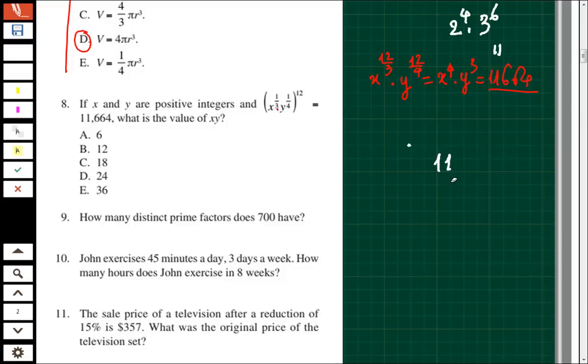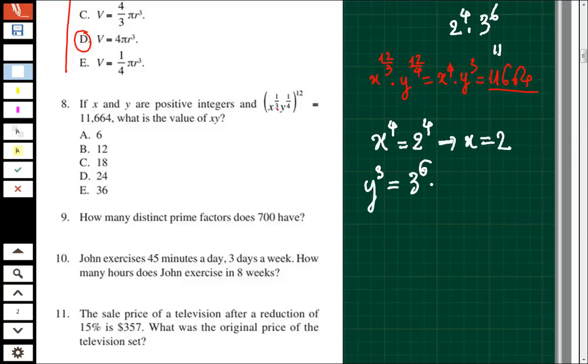We just need to compare both sides. First is S raised to the power 4 equal 2 raised to the power 4. We can say that S equal number 2. And Y cubed equal number 3 raised to number 6.